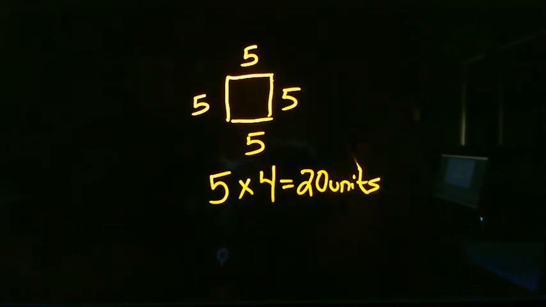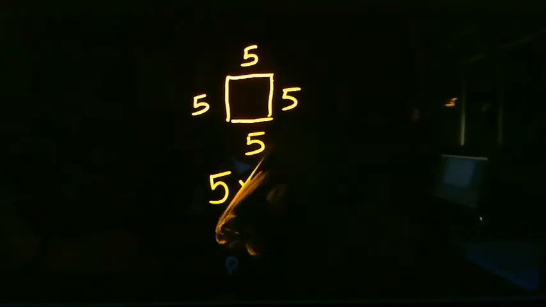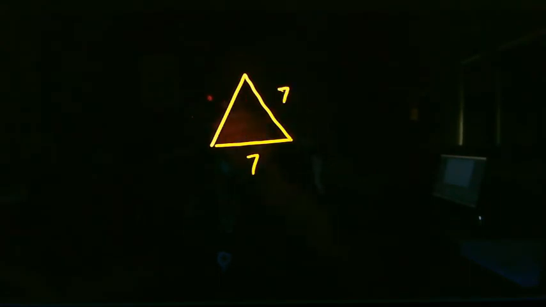Now, does that work just for squares? No. Let's try to, and this will be interesting. Let's try to do an equilateral triangle. And let's say that each side of this equilateral triangle is 7.